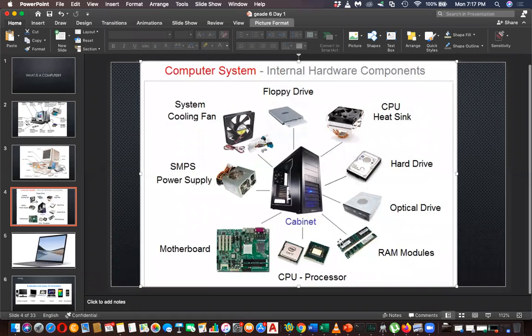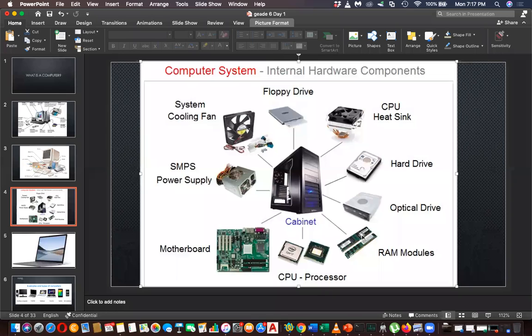Random access memory. So what is the usage of this? It stores currently accessing data and instructions.